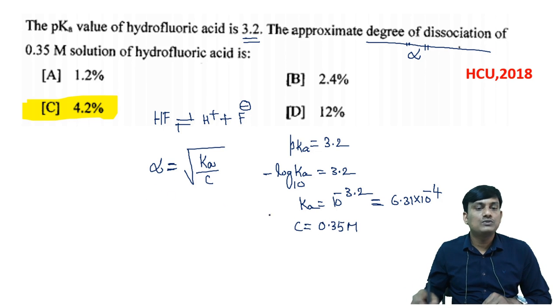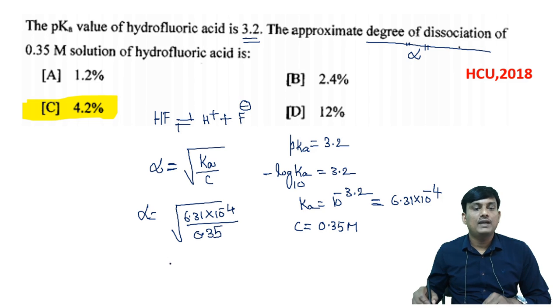When you substitute these values, alpha is equal to root over 6.31 into 10 to the power of minus 4 divided by 0.35. When you simplify, you will get around 4.2 into 10 to the power of minus 2.